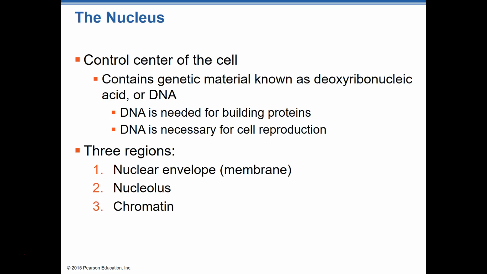So the way I want you to think about DNA, the easiest way to think about DNA, is as a very complicated instruction book. If you want to know how to build a model airplane, you get out the instructions and you read the instructions, and it takes you step by step of how to build that. DNA is actually a whole lot more specific in that it tells you how to build every part of everything of that cell.